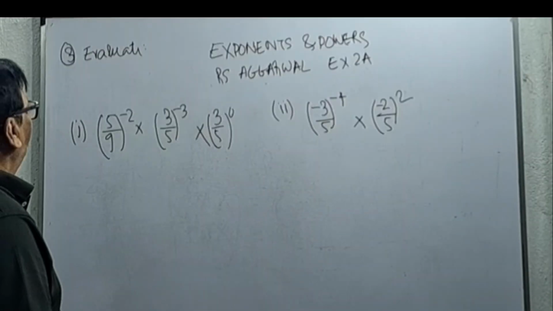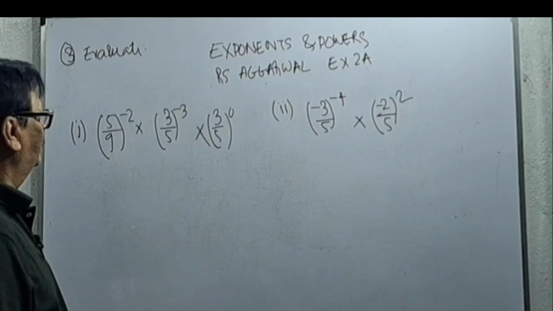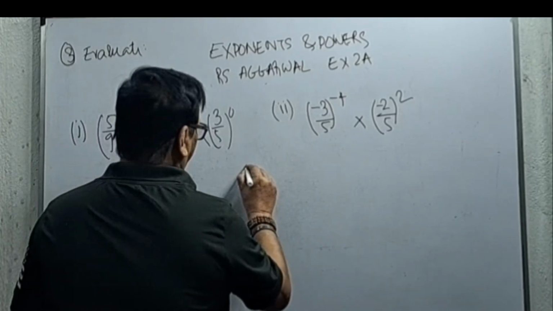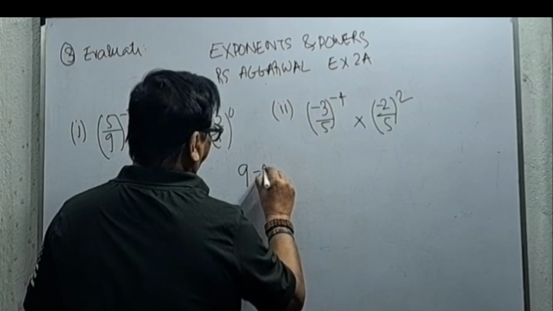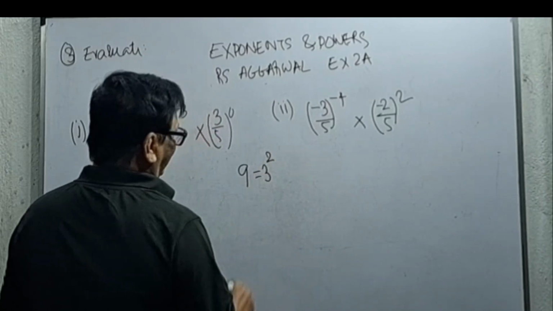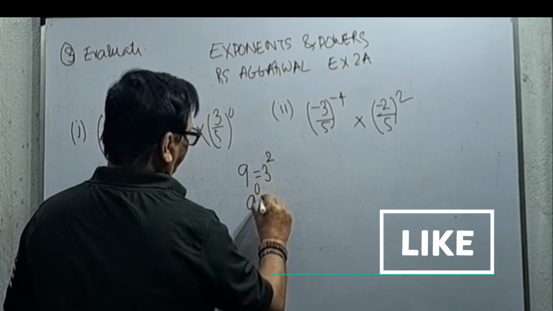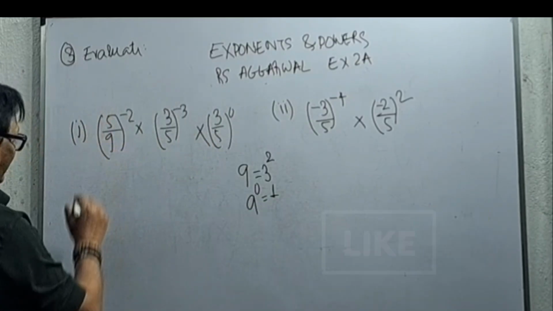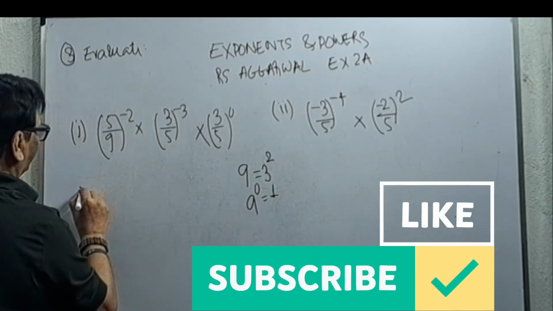We come to question number 3, part 1 and part 2. See, here we got to remember two things. 9 is equal to 3 to the power of 2, and anything to the power of 0 is equal to 1. Correct? So what we do, we make the first index positive.